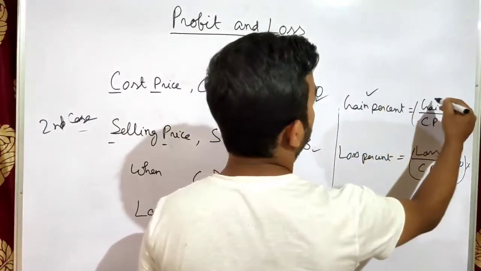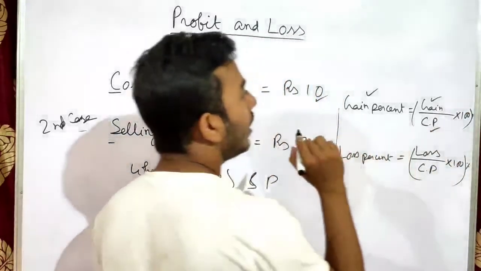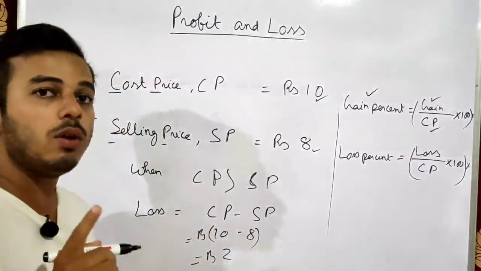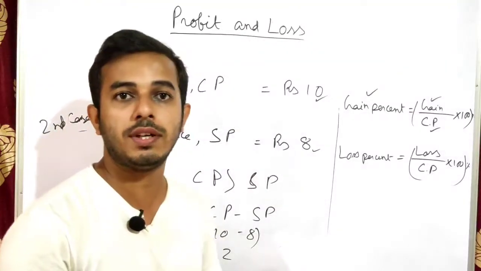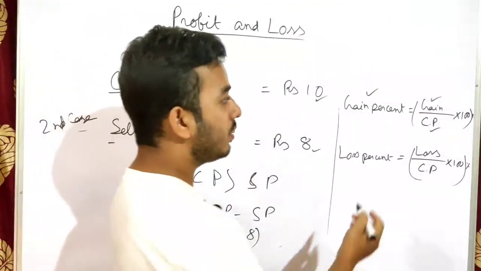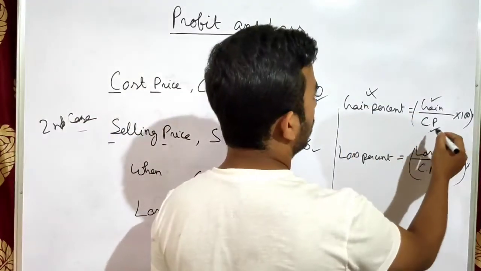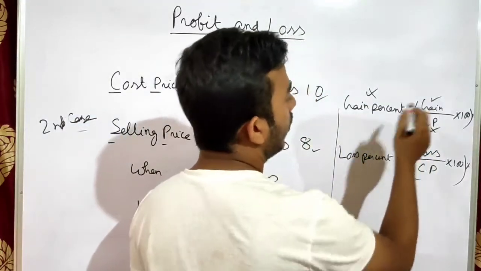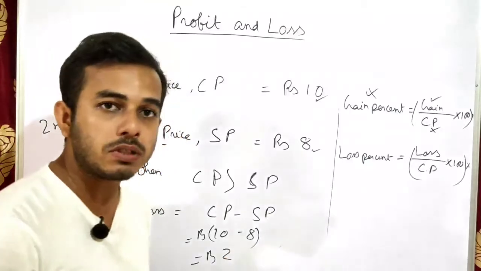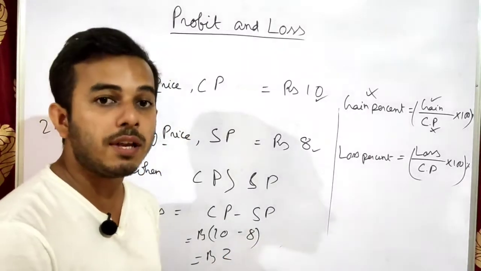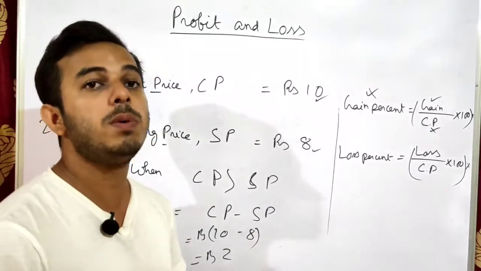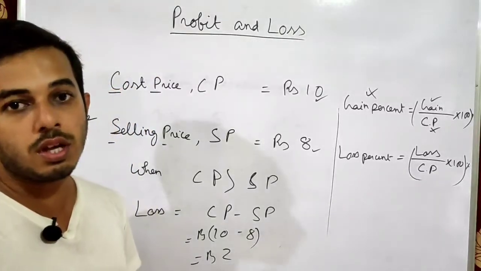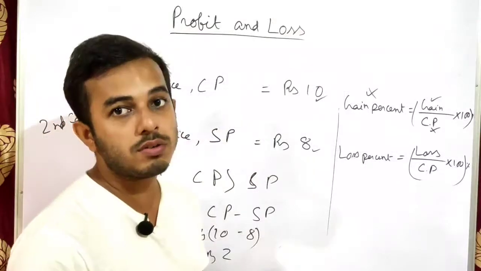One is gain percent, another is gain, another is CP. For finding, we can find only one value, okay. We can't find 2 values at a time. So if gain percent is not given and CP is not given, only gain is given, can we find the gain percent? No, we can't. Now we have to find the CP, isn't it? CP means cost price, okay. So how can we find out the CP?